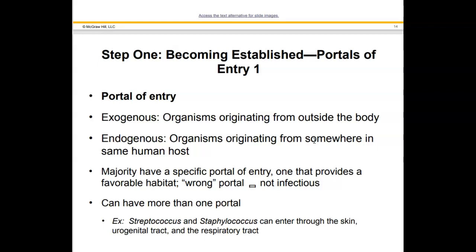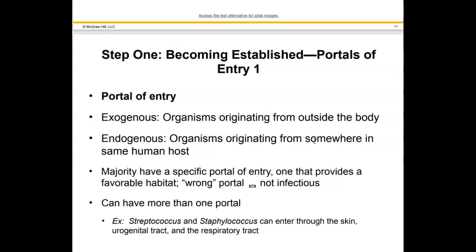I know this sounds really gross, but it could come from the stool of an animal, and you could contact it through eggs or milk or water that these pathogens could be found in. It could be arthropod borne, from mosquitoes or ticks, it could be sexual transmission. So these are all different ways in which some of these pathogens can gain access to our bodies.